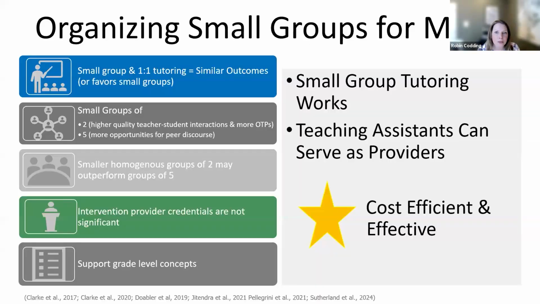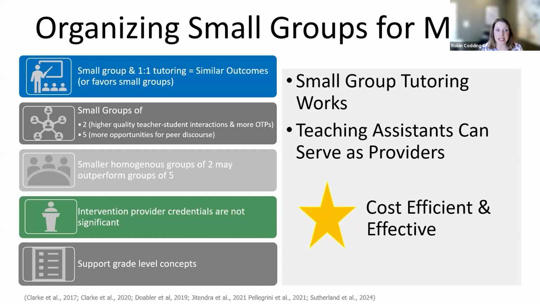So here's what we know in math. And the data in reading are fairly consistent with this as well, which illustrates that small group and one-on-one tutoring result in similar outcomes or even sometimes favor small groups. So that's, I think, good news for all of us because it means we can provide services to students more efficiently. What we know in math is that small groups of two tend to provide higher quality teacher-student interactions and more opportunities to practice.